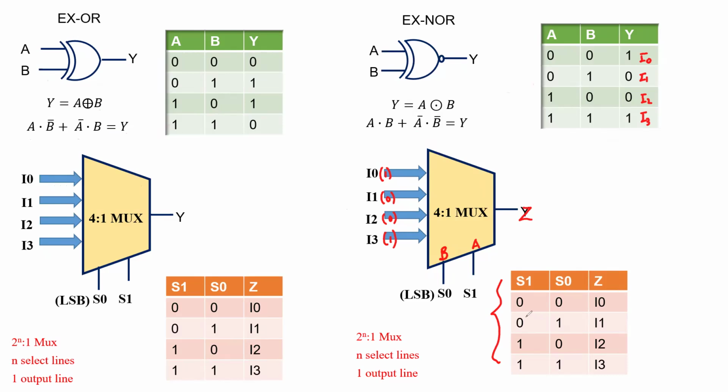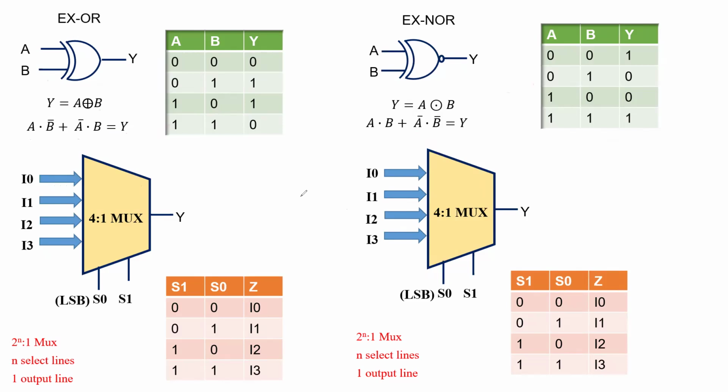Here is a truth table: for any one of the four possible combinations we select for S1 and S0, the output gets connected to the input, or the input line gets connected to the output. So this is how we have successfully seen how we can also implement logic XNOR using a 4 is to 1 MUX.